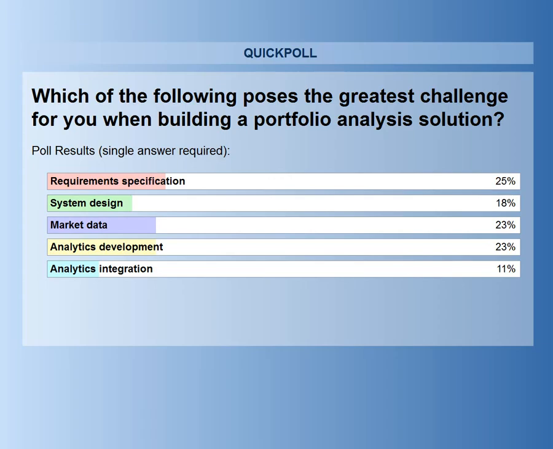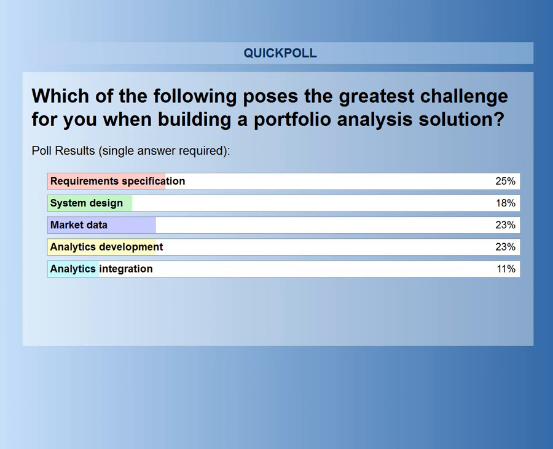And there we go. Requirement specification and market data are neck and neck, with requirement specification being the top issue that we're seeing among the listeners here today. Tony, what do you have to say about that?